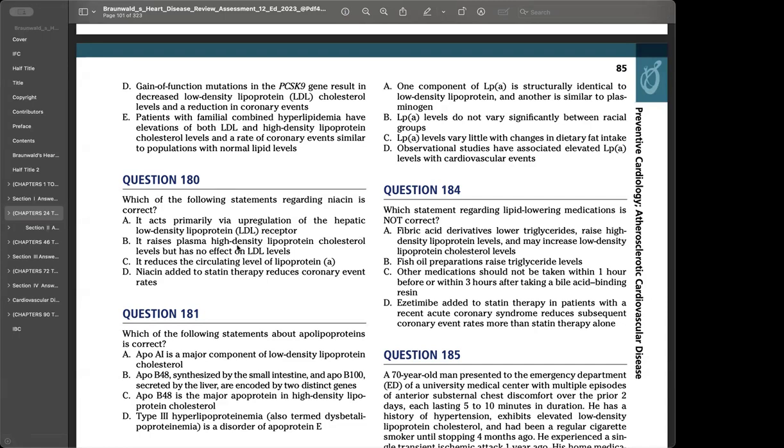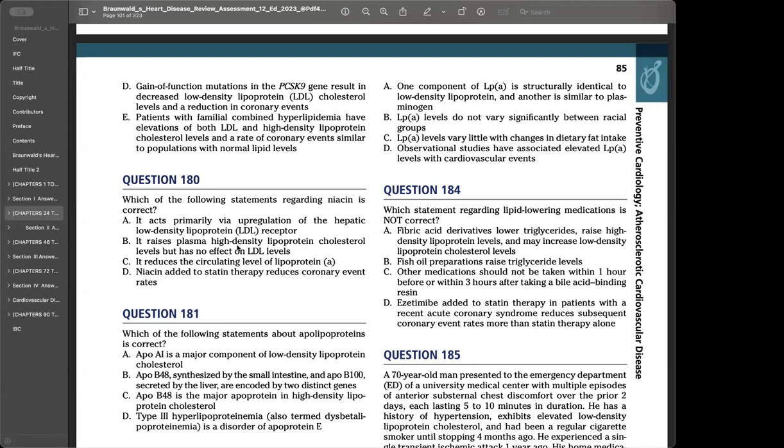Option B, fish oil preparations raise triglyceride levels. So this is not correct.